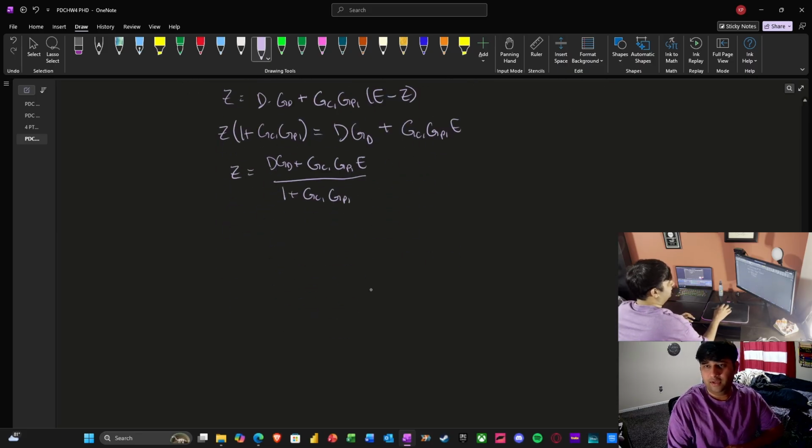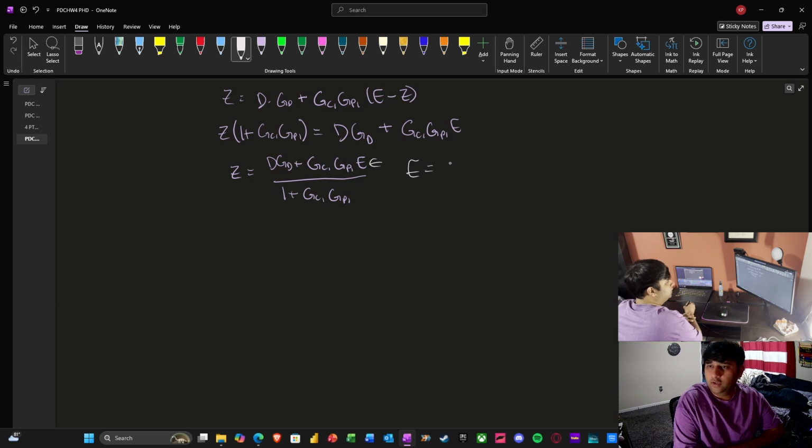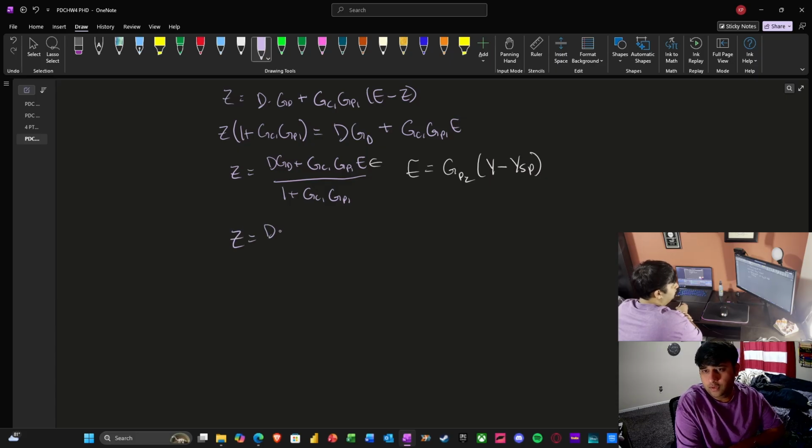Now, what we do have is this little mysterious E, which equals GP2 times Y minus Y set point. If we plug that in, we get Z equals (D GD plus GC1 GP1 times GP2 times (Y minus Y set point)) all over (1 plus GC1 GP1).